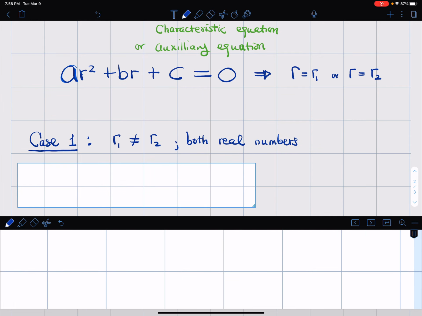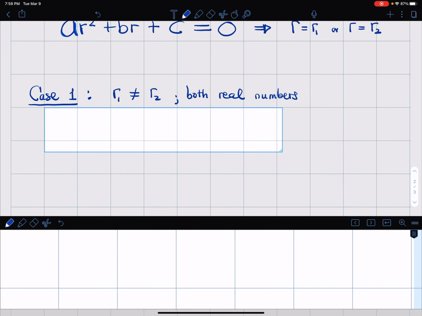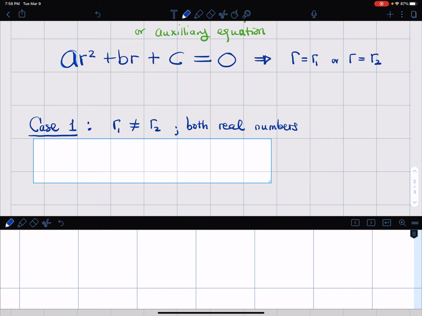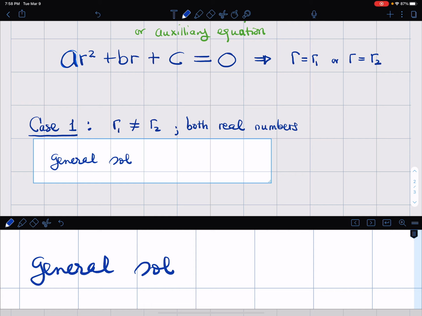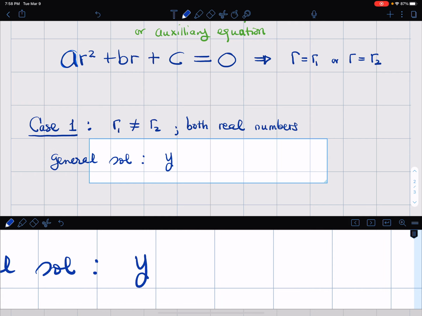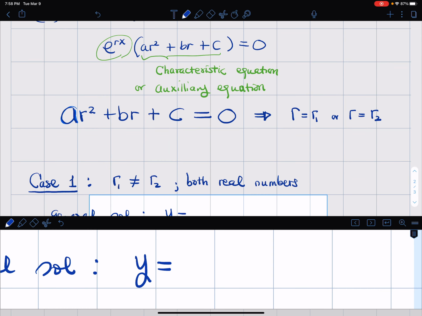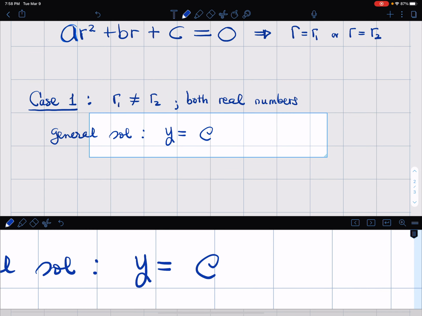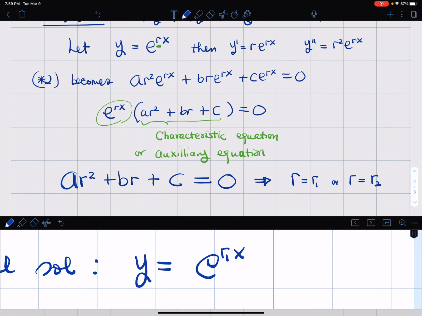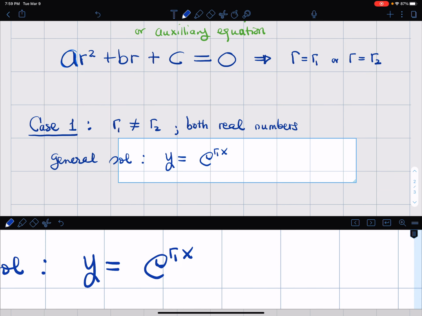Okay? In that case, our general solution will be y equal to e to the r1 x, but since r is r1 or r2, it's also going to be plus e to the r2 x.